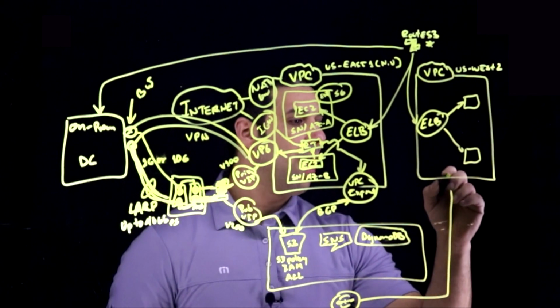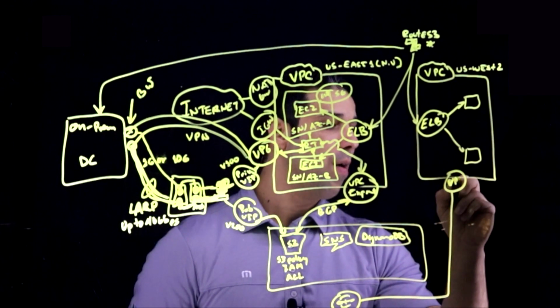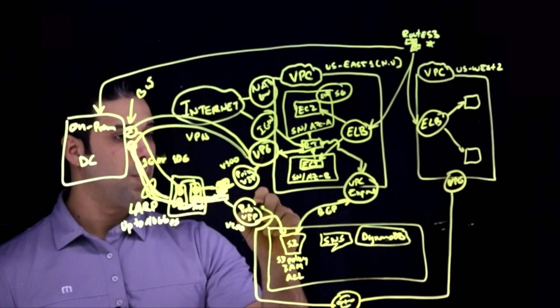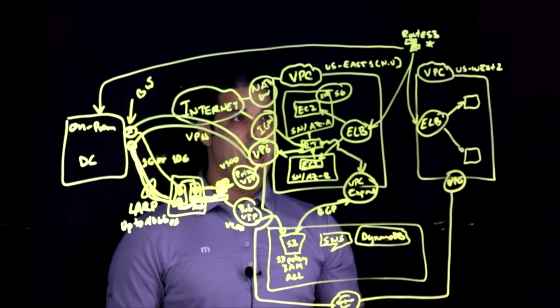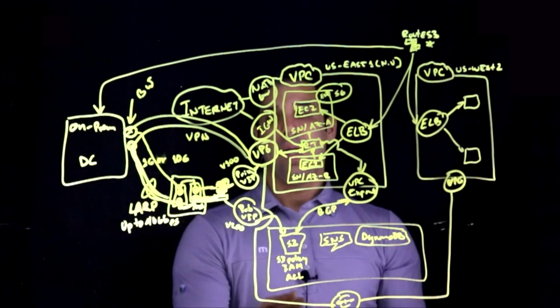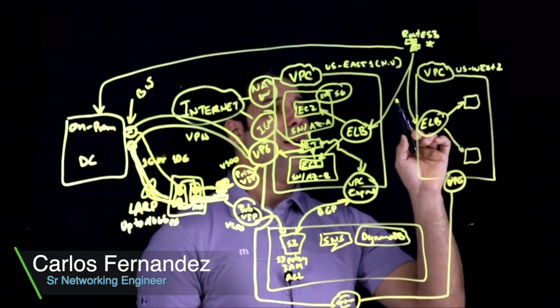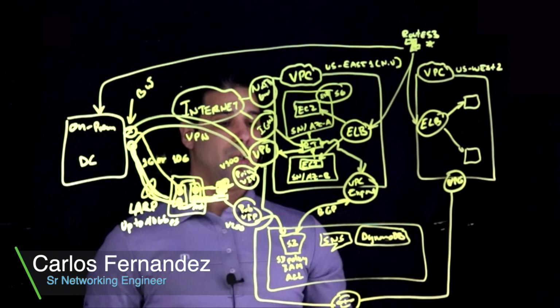And now we have the ability to connect with a virtual private gateway in different regions and with a virtual private gateway in this region. And now, utilizing the AWS backbone network with my AWS Direct Connect port in US East 1, I can connect to my VPC in US West 2.